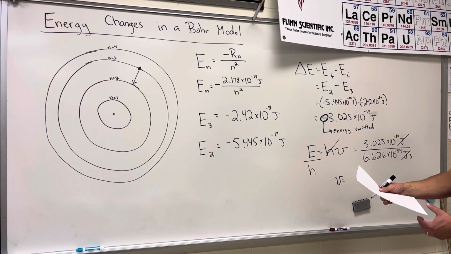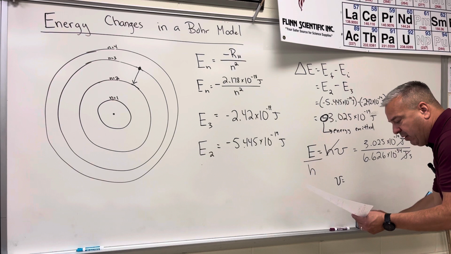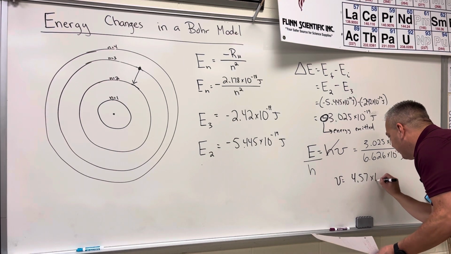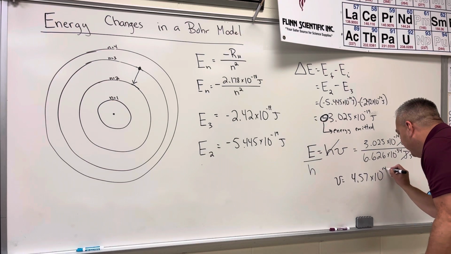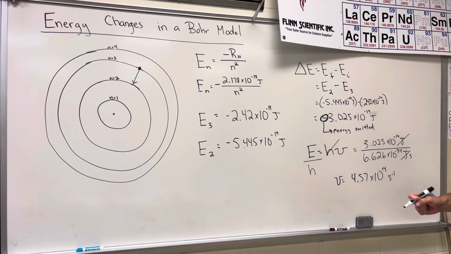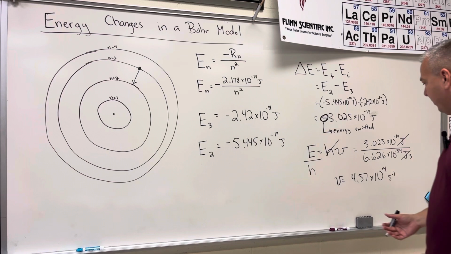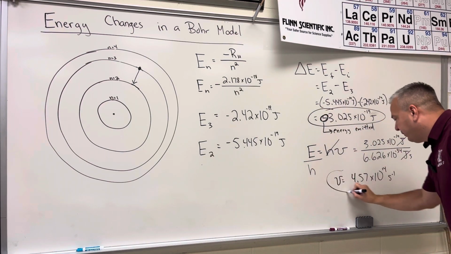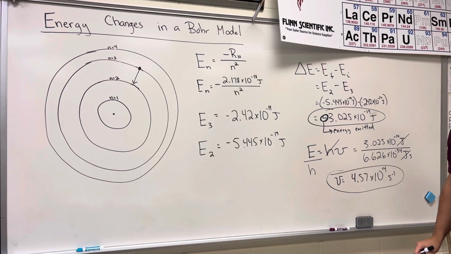If I do the math here, this ends up being 4.57 times 10 to the positive 14 seconds to the negative 1, or what we call a per second. So here's the energy, and here's the frequency of that photon.